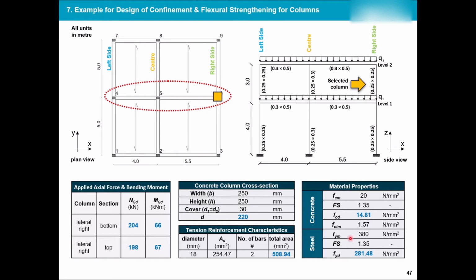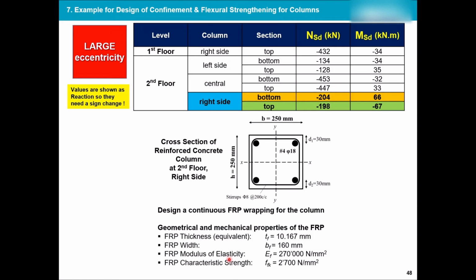I have the factors of safety, so I can quickly calculate the FCD, the design strength for my concrete, and the design yield strain for my steel. I have some properties of the reinforcement as well, so I give or take know everything about my structure.